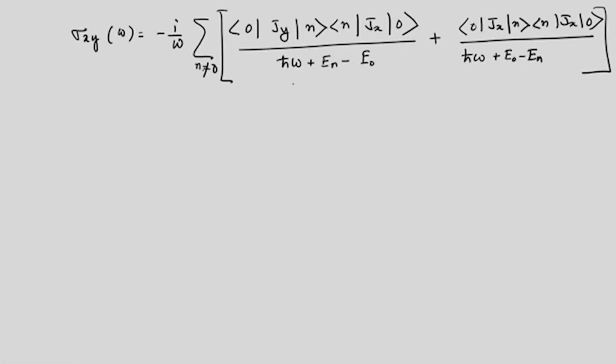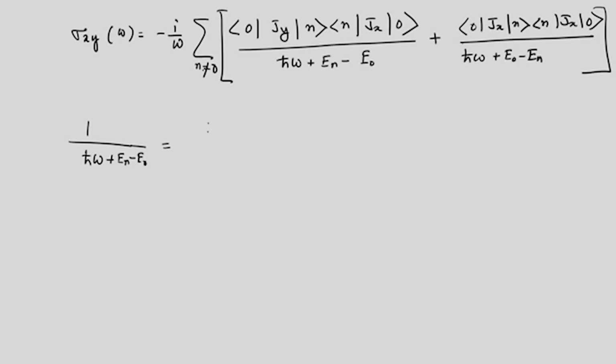Now, we are almost there, excepting that we have to take the DC limit, and DC limit means ω going to 0. And how do we take that? Let us write down the denominator as E_n minus E_0. Okay.